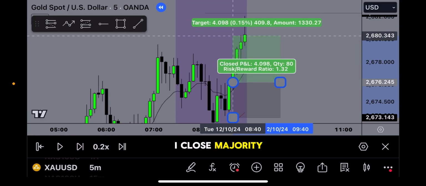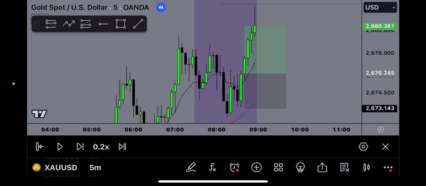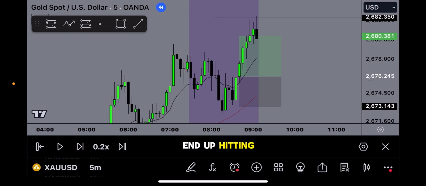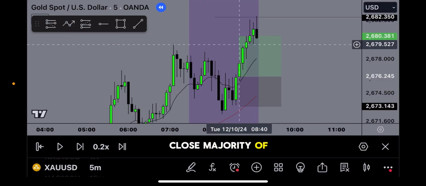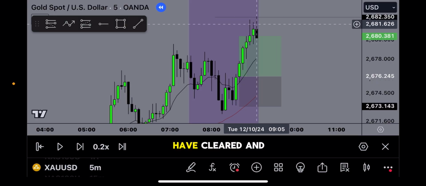Yeah, I closed majority, or I think my whole trade right here on the actual trade that I took. But TP2 ended up hitting. Bam. See right there, TP2 hit where that line is at. So if you would have closed majority of your trade here at take profit 1, and you would have held the remaining trade position to take profit 2, your trade would have cleared.